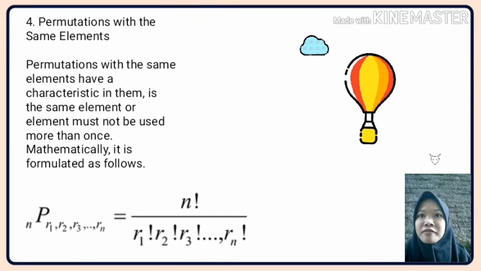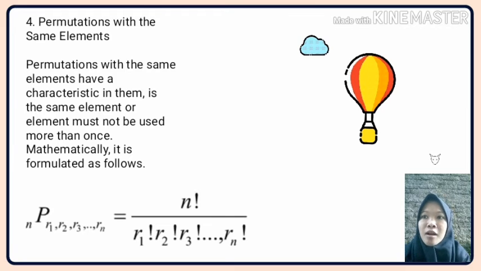Next, permutation with the same elements. Permutation with the same elements has a characteristic that the same element must not be used more than once.